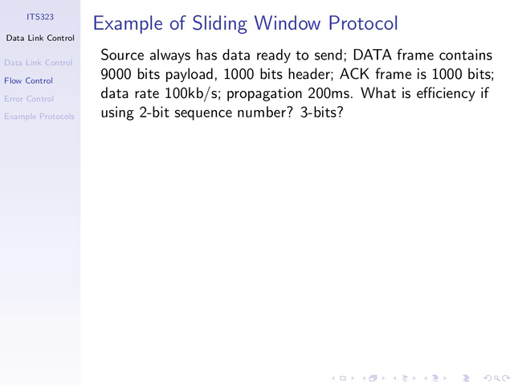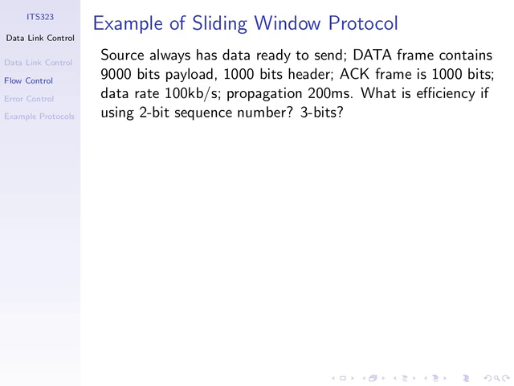So at time 300 we would have transmitted 3 data frames. Let's call it D0, D1 and D2. After transmitting the third data frame, since the maximum window size is 3, we would not be allowed to transmit any more.